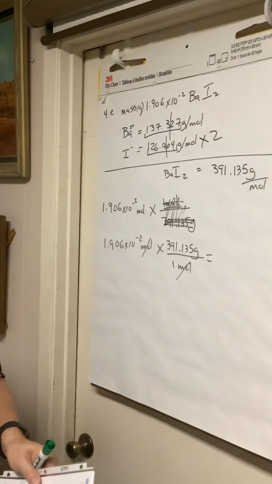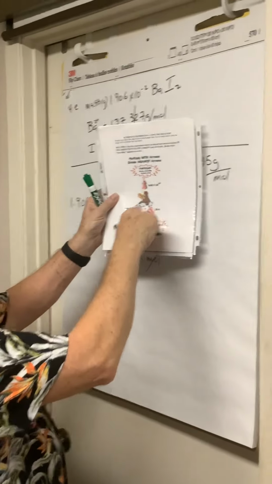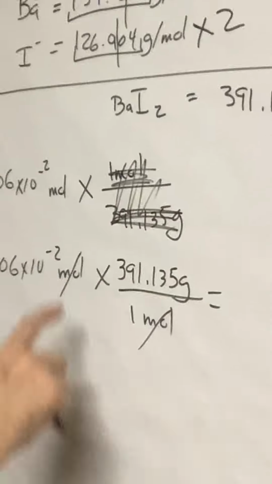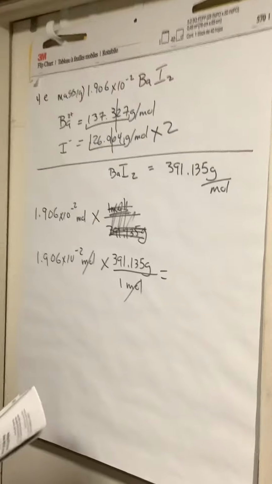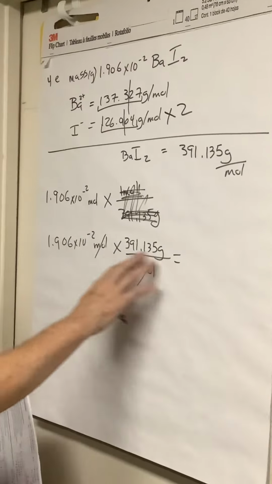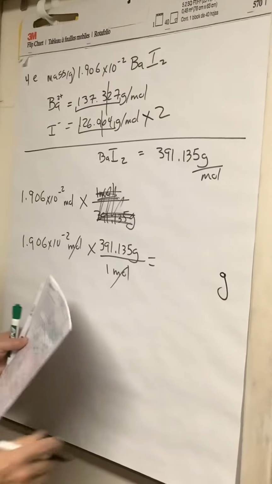The other thing is, I was given number of moles and it wants mass in grams, so if I go with the arrow, I multiply by my formula weight. That's my formula weight. So use your mole map or set it up so that you end up with the units you want in the numerator.